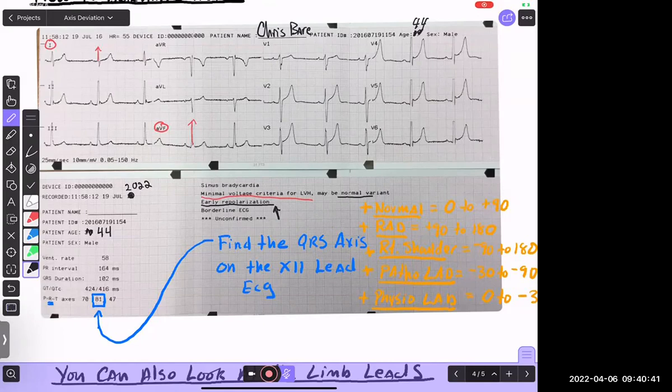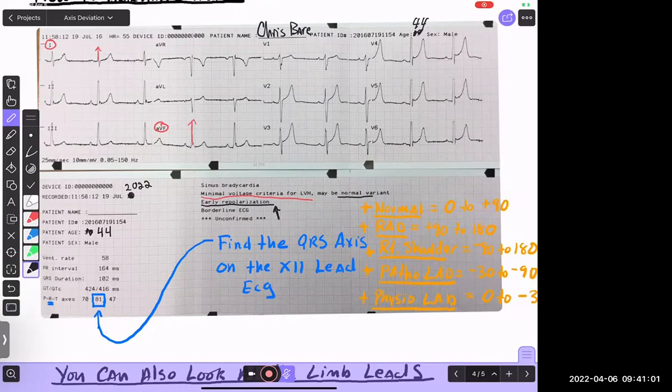All right. Chris, anything you want to add here? Not so much, maybe just a little bit. If you notice on this ECG, there is also some benign early repolarization.